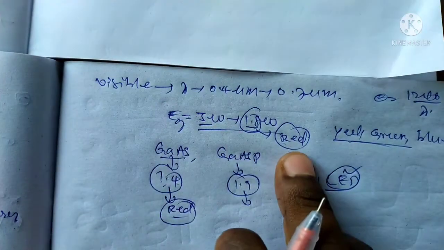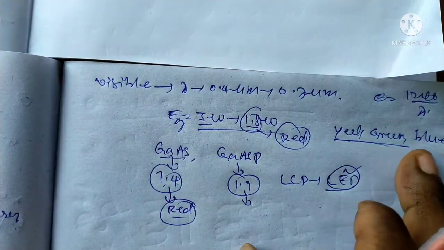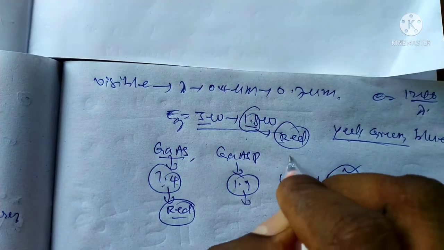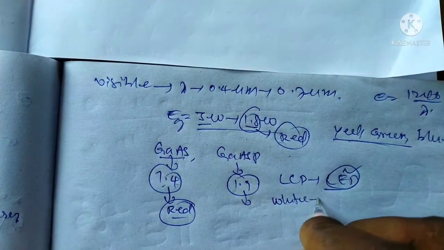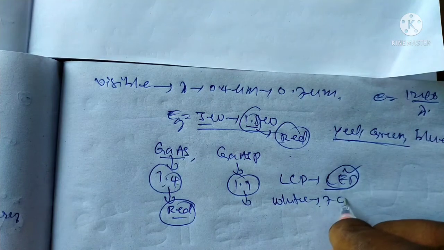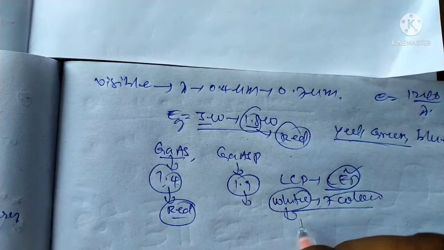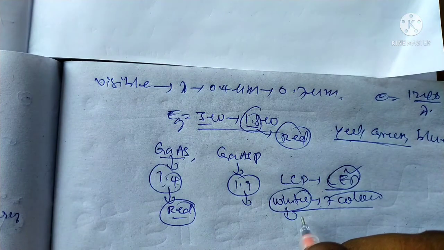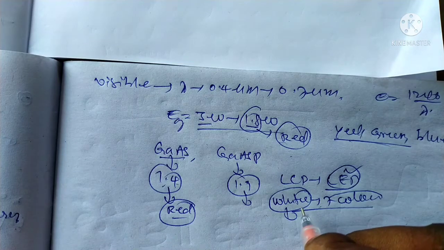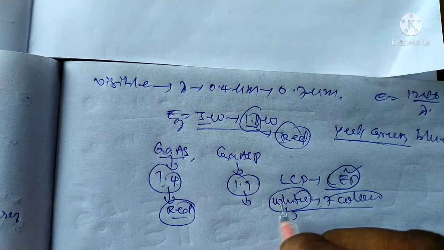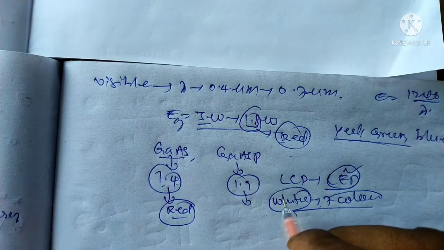A single wavelength means red, yellow, green. Suppose VIBGYOR white light has 7 colors. It is not a monochromatic light, it is multicolored. Monochromatic means a single wavelength or single color.